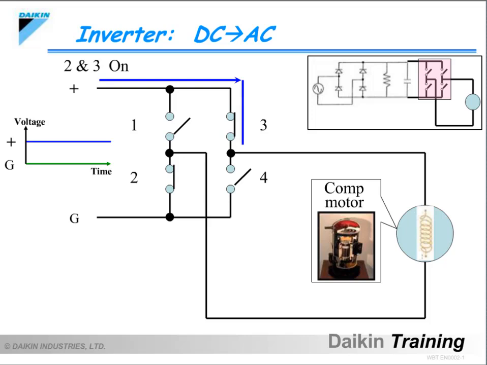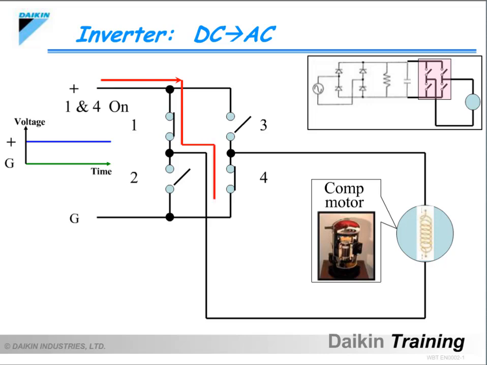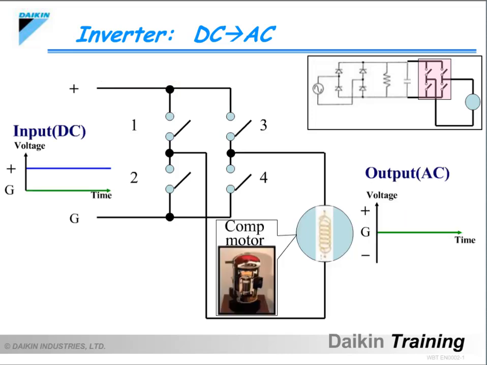If the number 2 and number 3 switches are turned on, the current flows from top to bottom in the compressor motor. If the number 1 and number 4 switches are turned on, the current flows from bottom to top in the compressor motor. Now, I would like to compare the input and output currents in the inverter circuit.